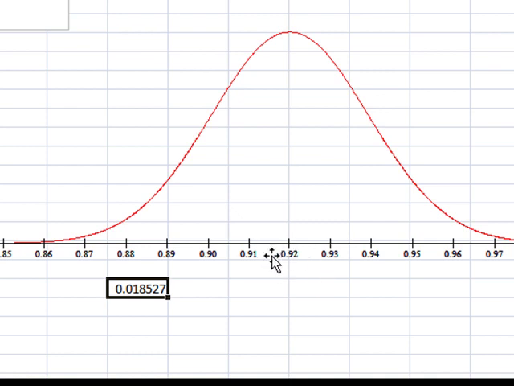So at this point, I might be willing to believe that the 92% is not right. And the reason I'm getting a number as far away from 92% as 88% is because maybe the center is not 92%. Maybe the center is something else that's actually lower than 92%.